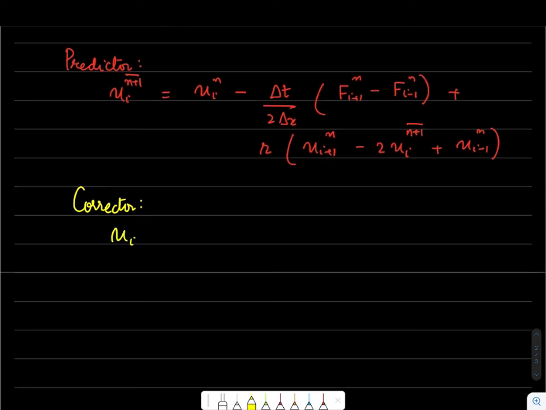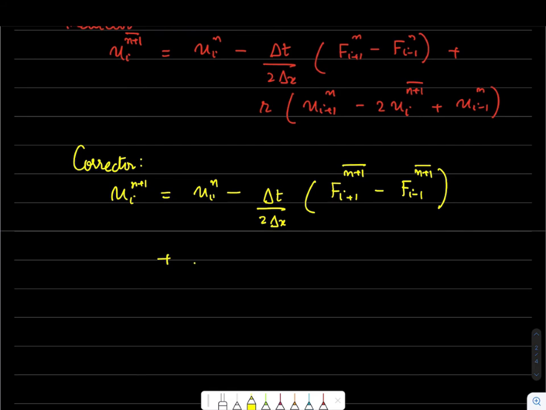We now write u_i^(n+1) to be u_i^n minus delta t by 2 delta x (f_(i+1)^(n+1) bar minus f_(i-1)^(n+1) bar) plus r times (u_(i+1)^(n+1) bar, because this is already computed from the predictor step, minus 2 u_i^(n+1) plus u_(i-1)^(n+1) bar).